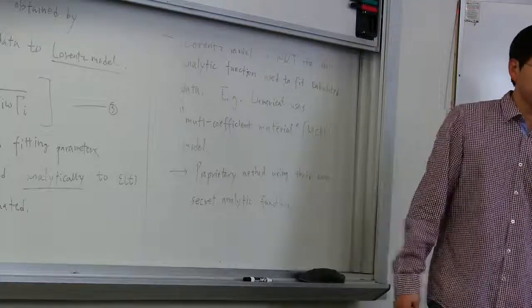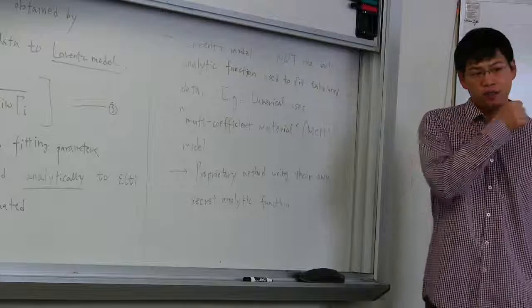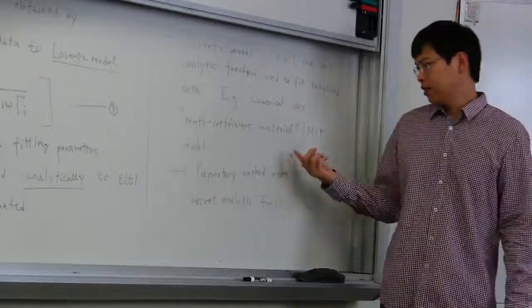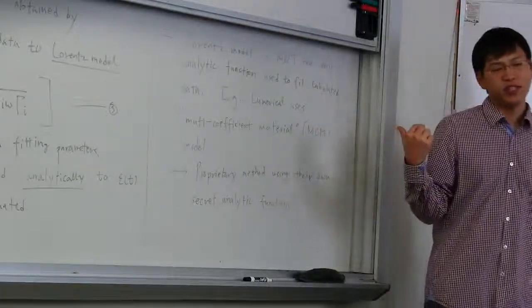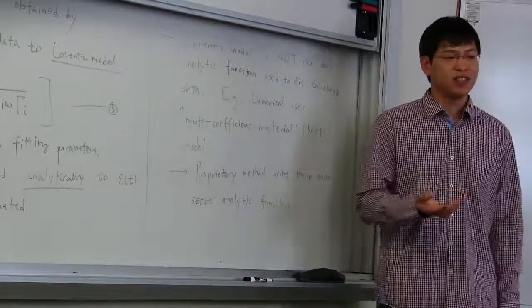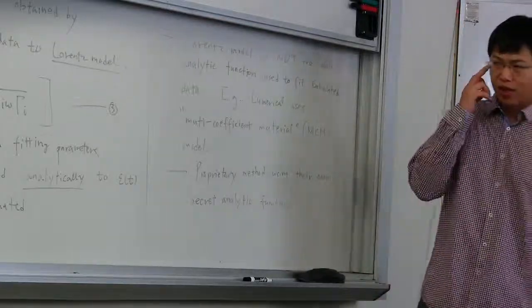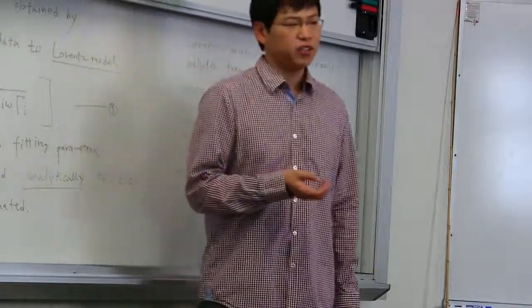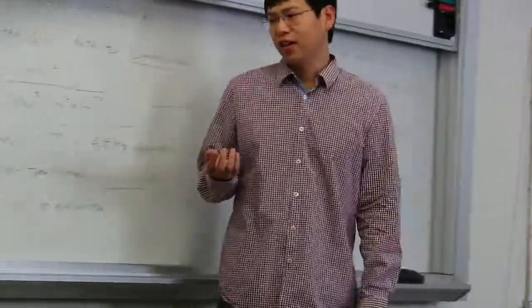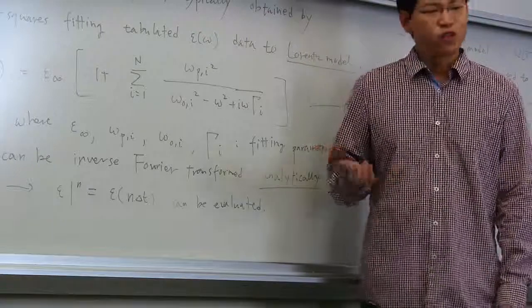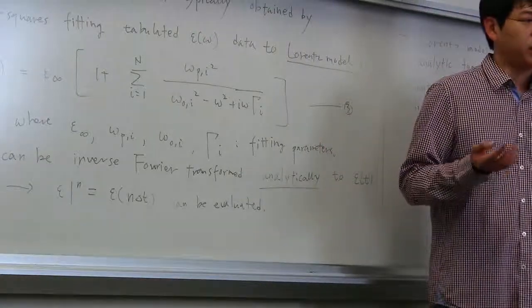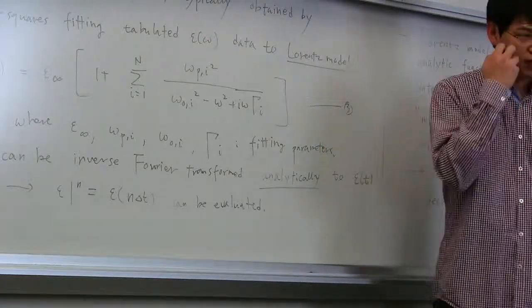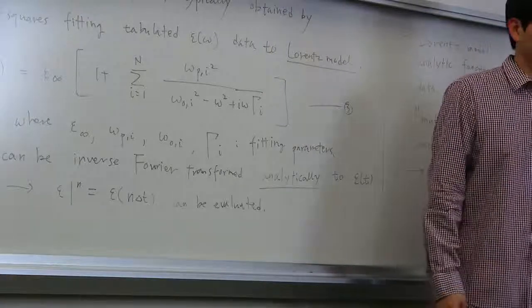Right, so you have to worry about how many poles you should have. I guess this MCM used in Lumerical is probably something like that. Yeah. But at the same time, the analytic function should have an analytic form of inverse Fourier transform. That's probably the only restriction.